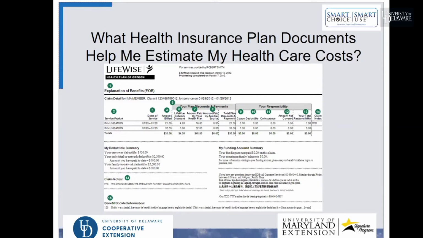And then you get the 9, 10, and 11, which is your copayment, your deductible, and coinsurance. Then you can see there your total responsibility of 13. So, if you look at this, you can use how you've used insurance to help you estimate your costs moving forward by using the explanation of benefits form.